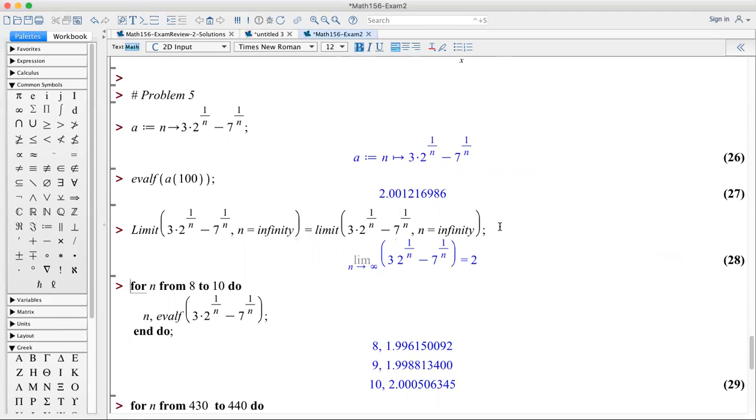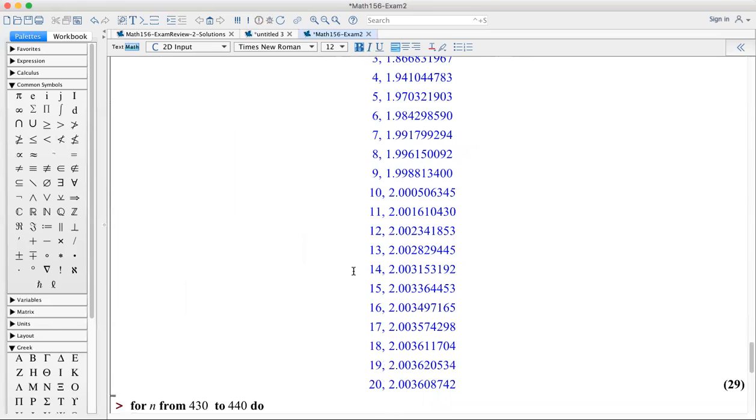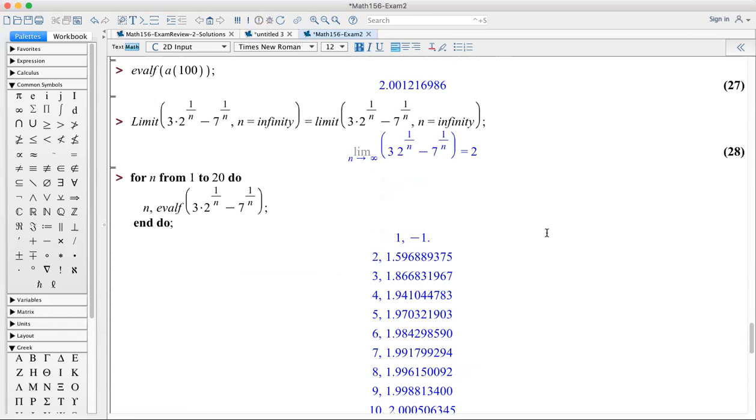Now, I want to find the largest n where a_n is less than 2. So I can just do some experiments. I want to do a loop for each n, let's say from 1 to 20. Let's see what happens. These are the sequence of numbers.